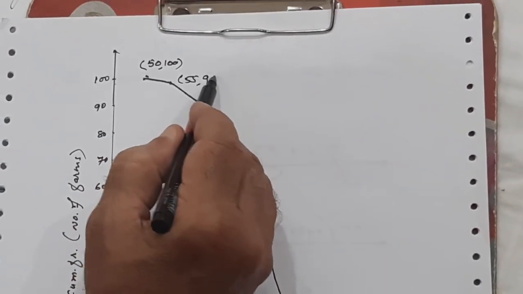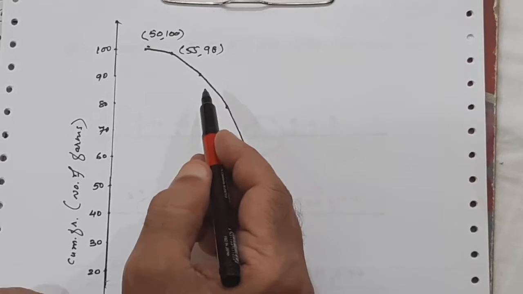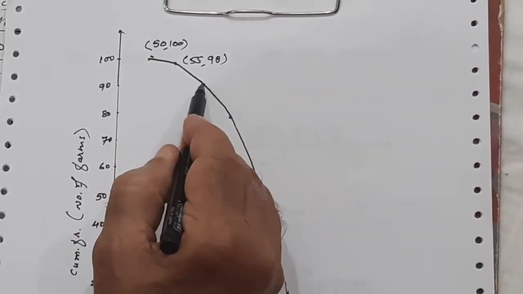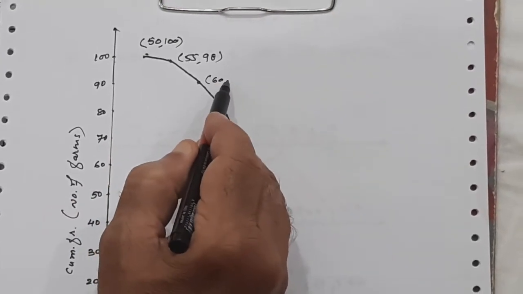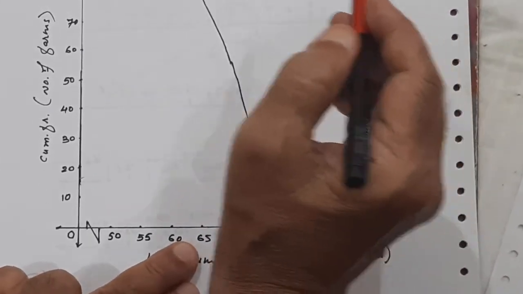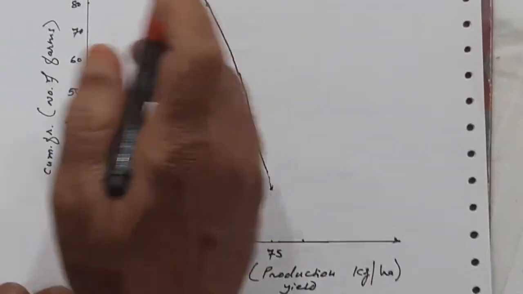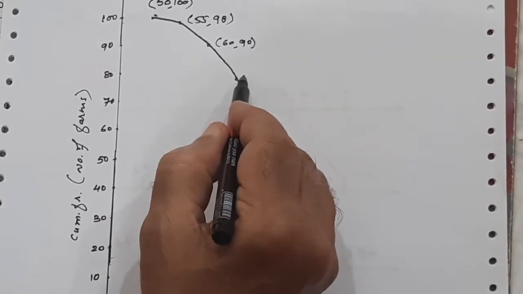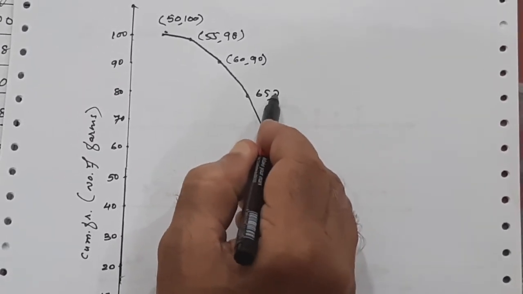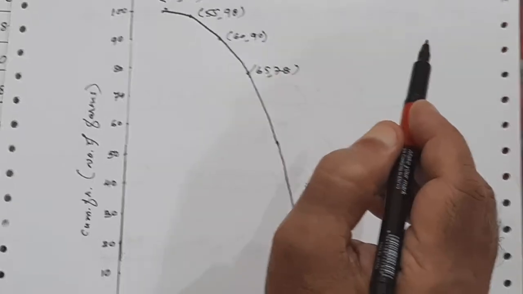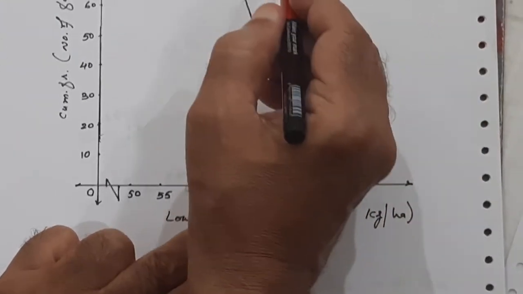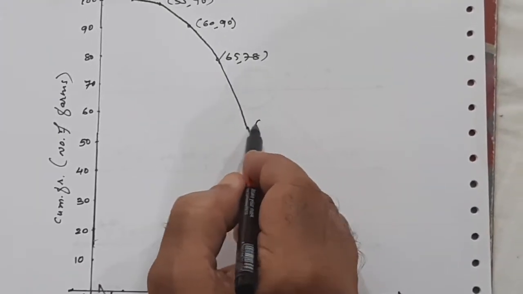55, 98, and this point is 60, 90. Then 65, 78. Then 70, 54.